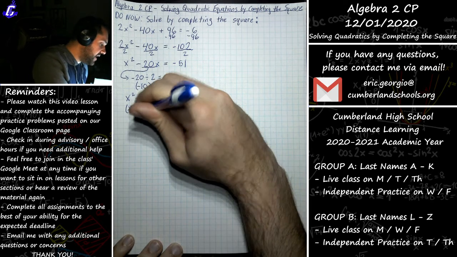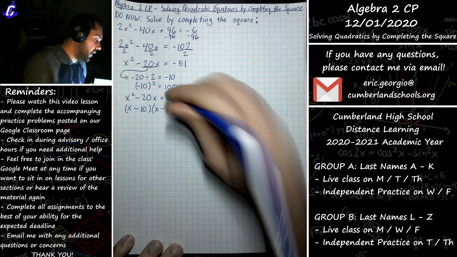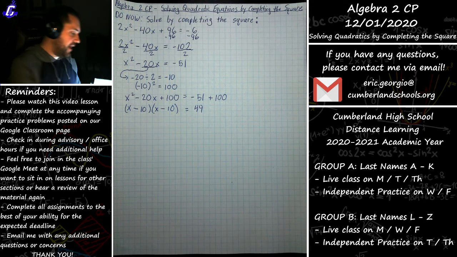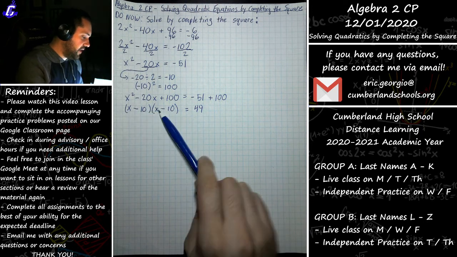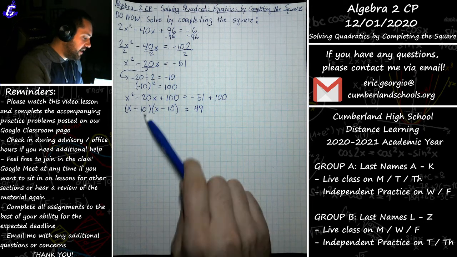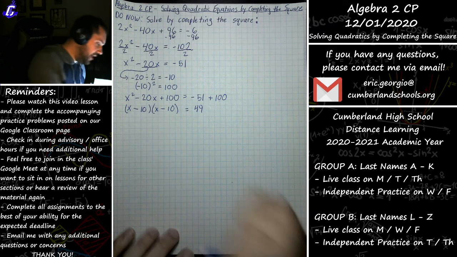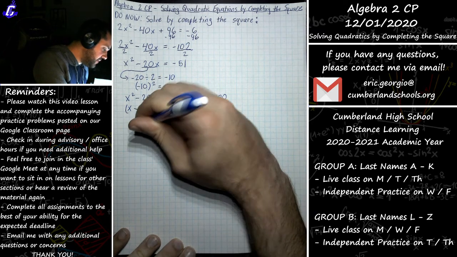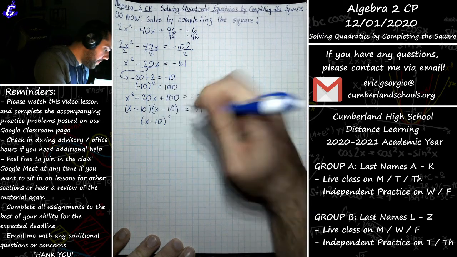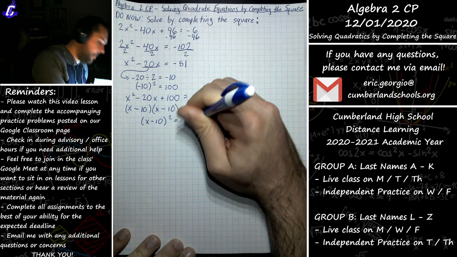And I would have 10 and 10 to get 100 when multiplied, and negative 20x when we do the outer and inner multiplications. Negative 10x and another negative 10x would equal negative 20x. Now that we have this matching pair of factors, we can stick them together. And we say that we have x minus 10 times itself, which we can rewrite as x minus 10 squared is equal to 49.